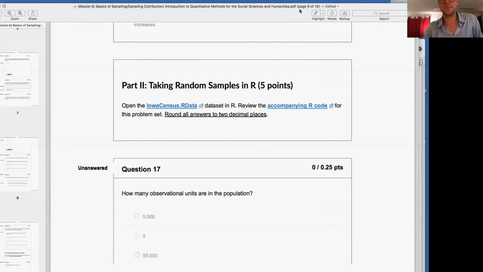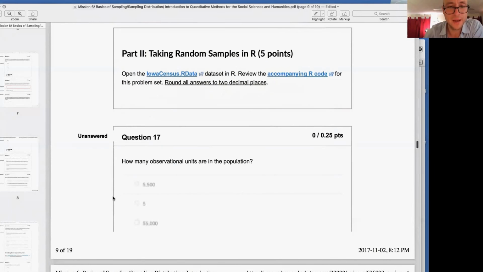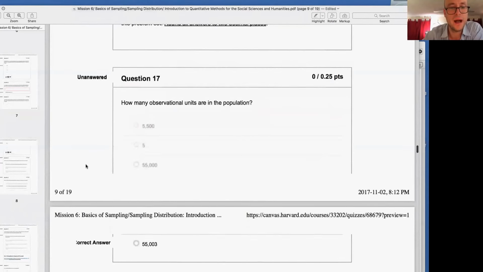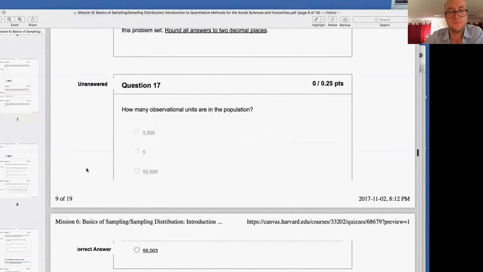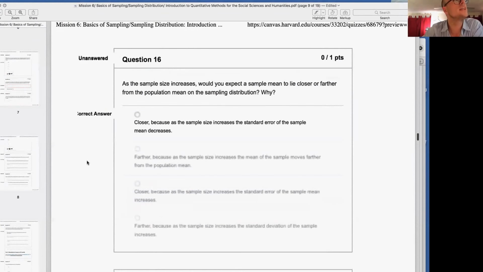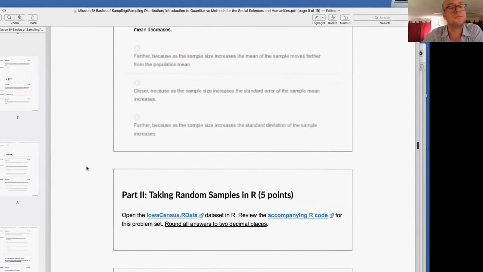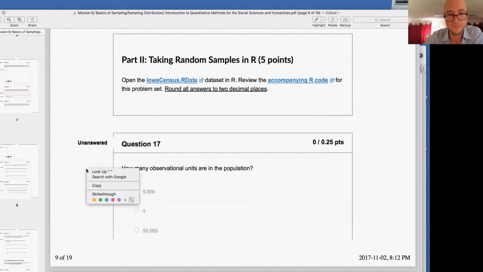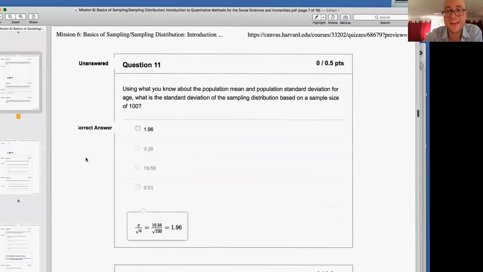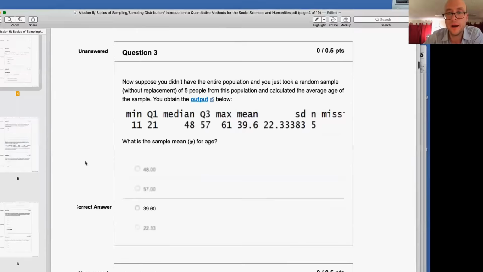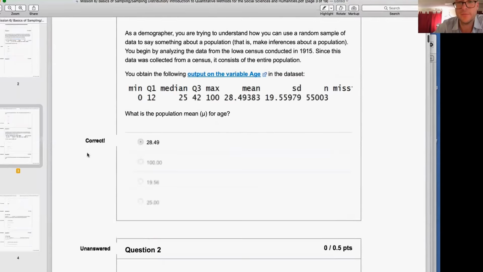Now, we have a question about 17. How many observational units are in the population? The question asks about the rows of the data, the observations. Well, in a census, because we're sampling everyone in the population, we're going to have a very large n.